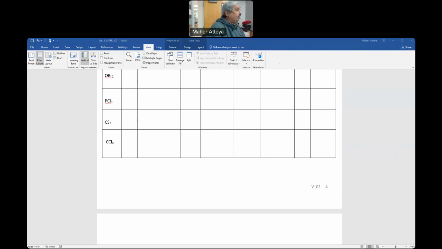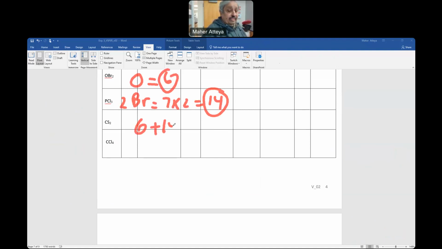What is the total VEs for this OBr2? Oxygen is atomic number 6. Bromine's is 7, and we have 2 bromine, multiplied by 2, this is 14. So the sum will be what? 14 plus 6. How much? 6 plus 14 is 20. That's the total one. Okay.